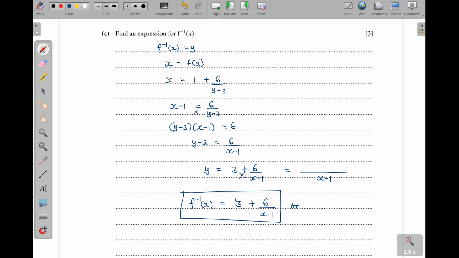Then when you multiply with that 3 there, you will get 3x, then minus 3, then plus the 6. So it can be written as 3x, then here you'll get a positive 3, right? So plus 3, then out of x minus 1. So either way, you get it correct.